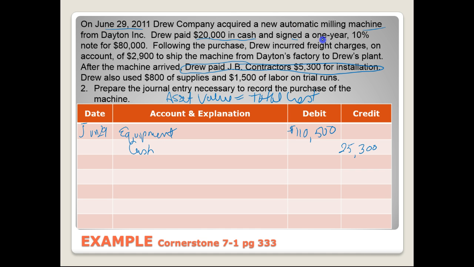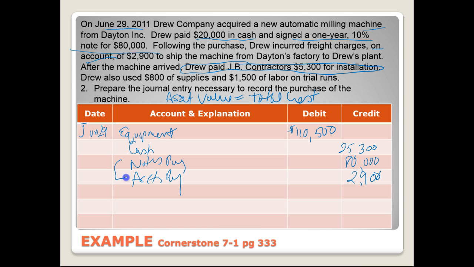What else did we need to do to pay for this equipment? Well, we signed a 1-year 10% note for $80,000, so I've got a notes payable of $80,000, right? What else? We paid for freight. And how did we pay for freight? Well, it was on account, remember? So that's going to be an accounts payable of $2,900, and we're going to credit accounts payable because that's a liability account.